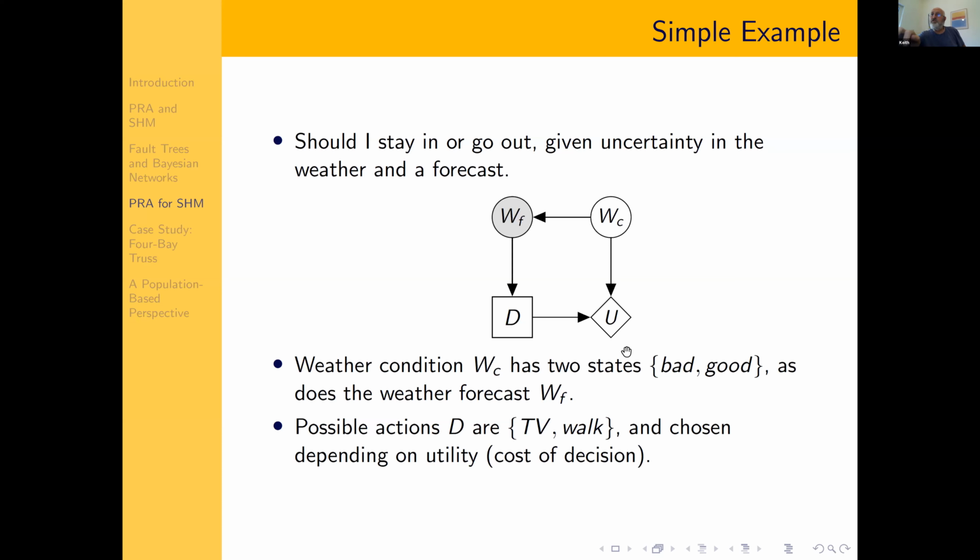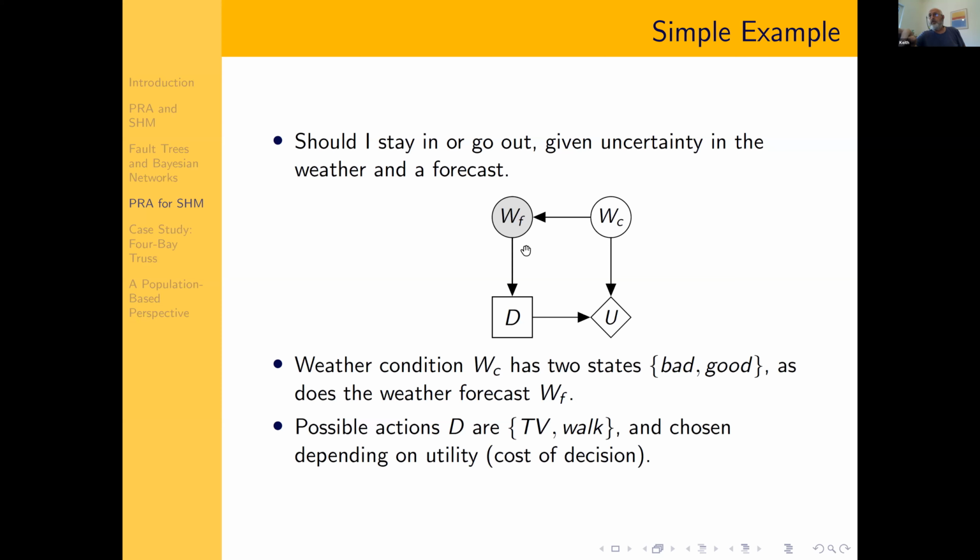And the way that this works here is fairly simple. If the weather is bad, I really should be choosing to watch the television. If the weather is good, I want to be choosing to go for a walk. But I don't know what the weather is going to be. I only know what the forecast says it's going to be. That's like an observable. So I'll make my decision based on the forecast. And then there'll be some sort of cost associated with what happens, right?